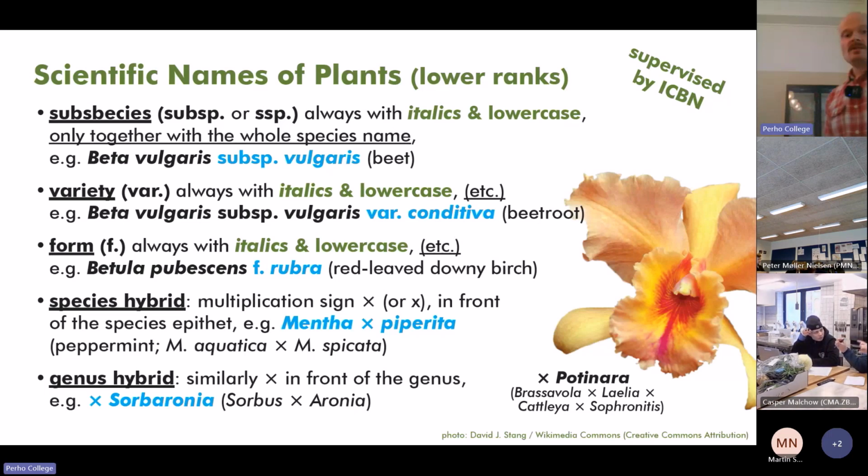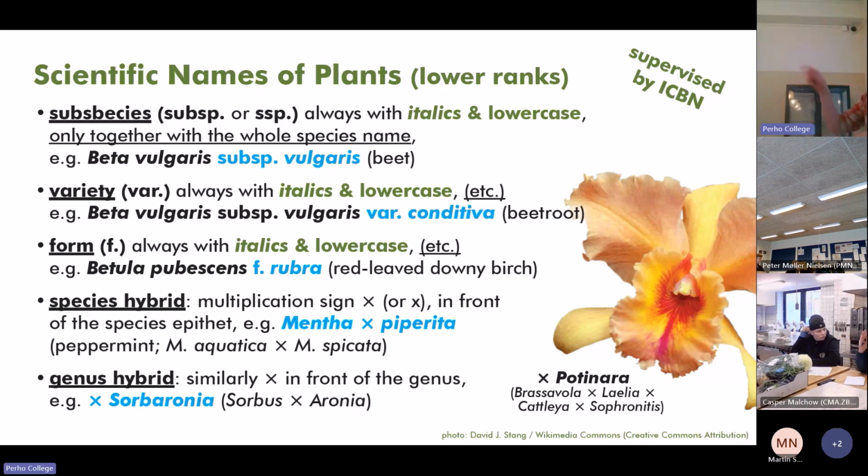Subspecies, which can be abbreviated with subsp. or ssp., are also always written in italics and lowercase, and together with the whole species name. For example, Beta vulgaris subsp. vulgaris.